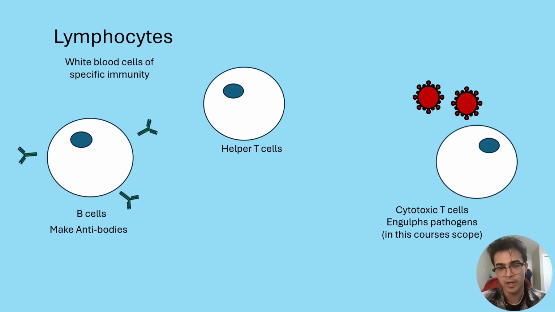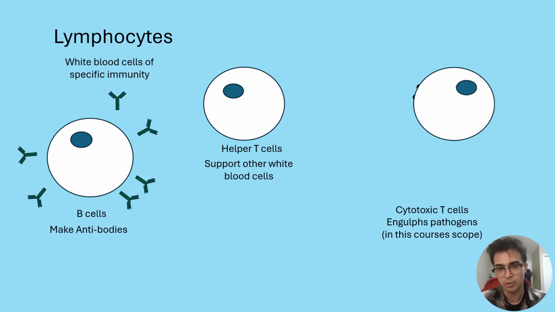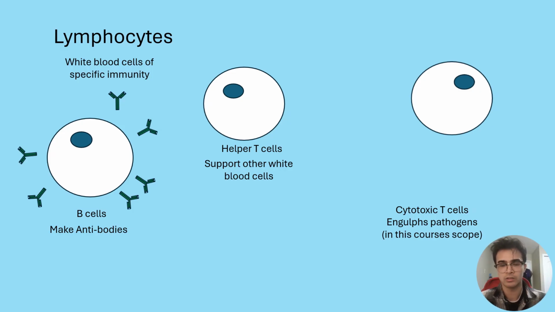And then our final one is called helper T cells, and its role is to support other white blood cells to make them more efficient. See, the B cells are producing more antibodies. And when it supports a cytotoxic T cell, it becomes more efficient at engulfing pathogens.